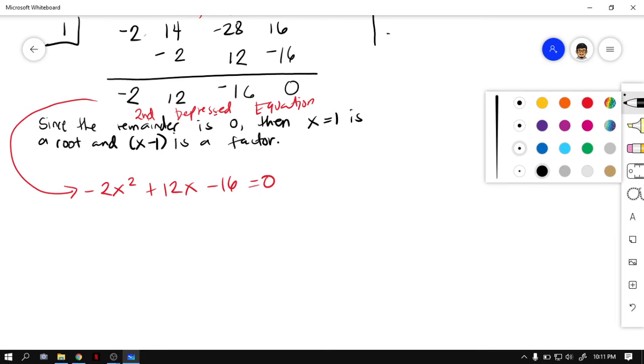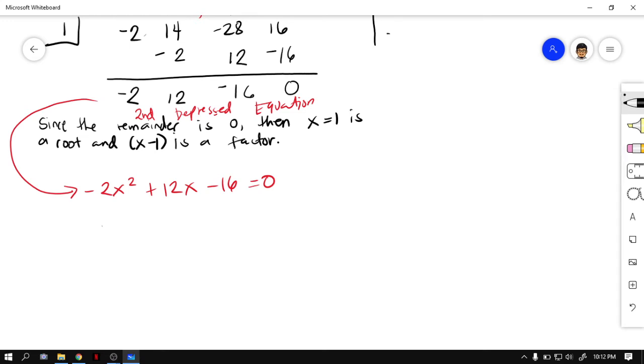Now, observe now your second depressed equation. Kasi, pag nag-factor out ka kasi, medyo mahirap i-deal ang may negative when your value of a is a negative coefficient. So, kung negative siya, as much as possible, gawan mo ng paraan para yung isosolve mo maging positive equation. So, anong gagawin mo?